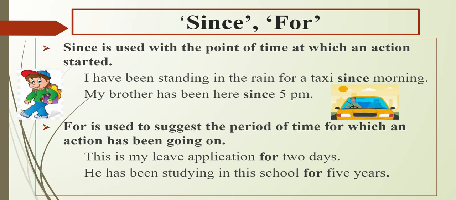This is my leave application for 2 days. He has been studying in this school for 5 years. So here we are talking about the period of time since the action started. So when you joined your school until now, it's been 5 years. For 5 years.